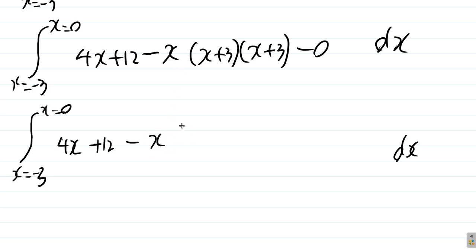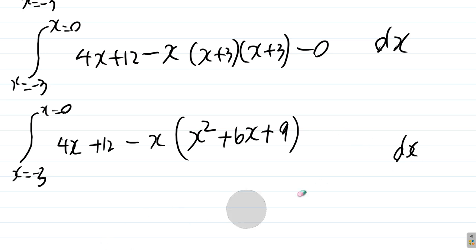We have x, open bracket. We need to multiply out the x plus 3 part. We're going to have x times x which is x squared, plus 3x plus 3x, going to be plus 6x, plus 3 3's 9, okay, dx. Alright, so you can write the dx a little nearer.